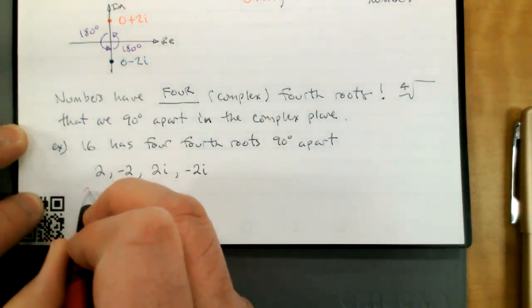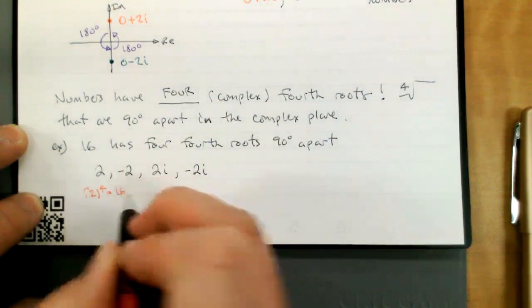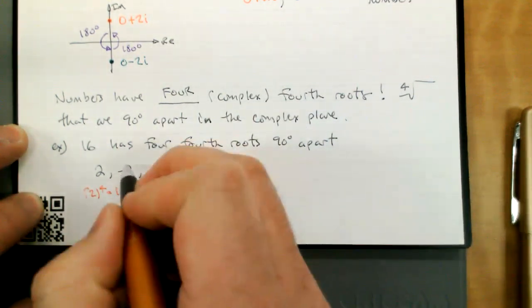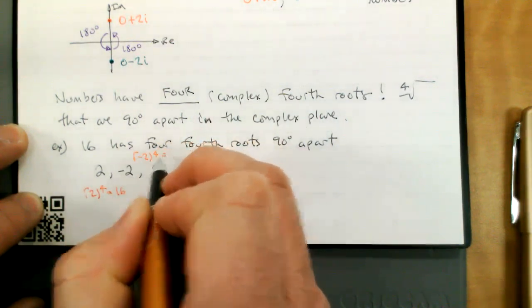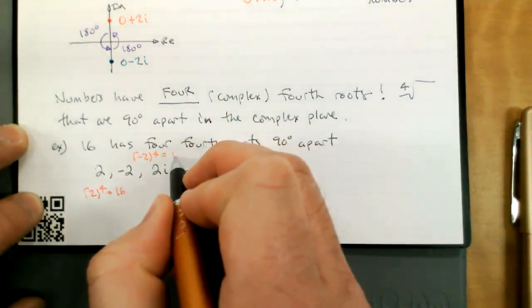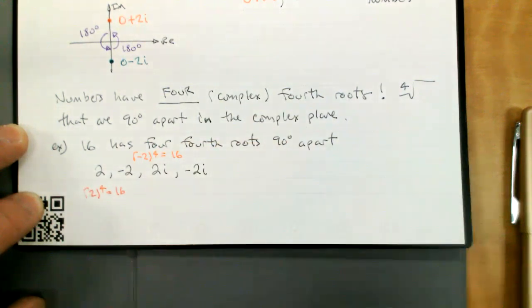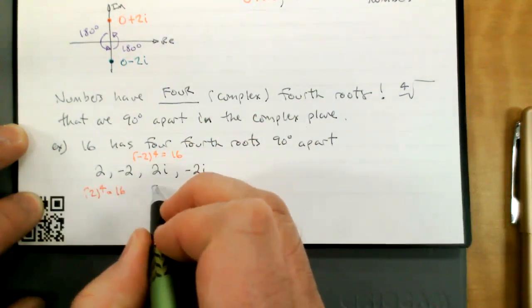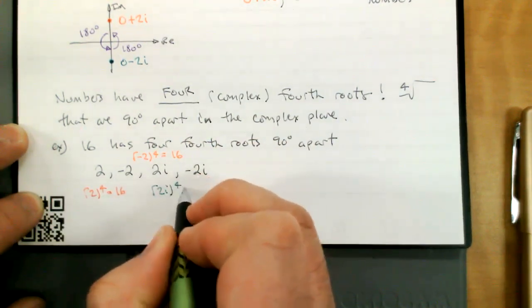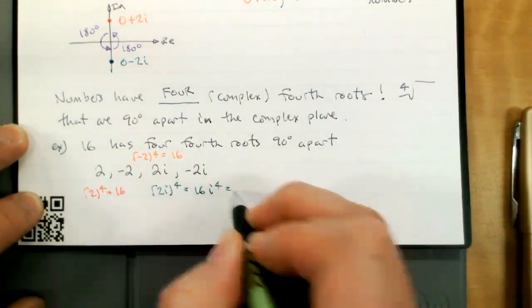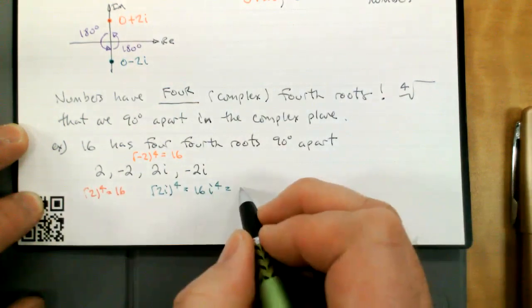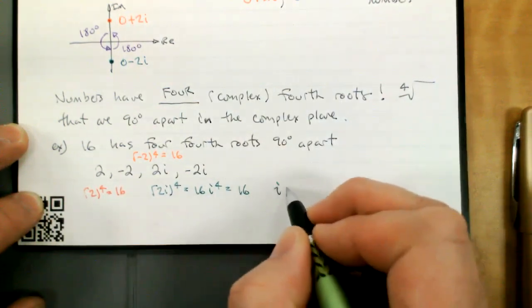So 2 to the 4th is 16. No problem. With -2, if I take -2 to the 4th power, the negatives cancel out, so I get 16. For 2i, if I raise 2i to the 4th power, 2 to the 4th is 16, and i to the 4th is 1.